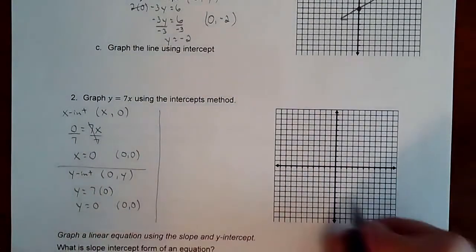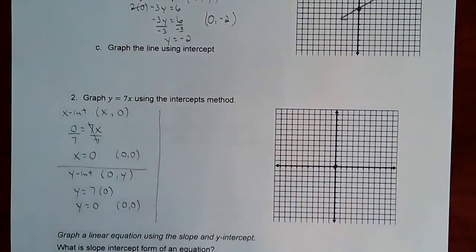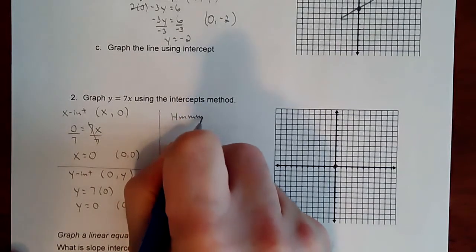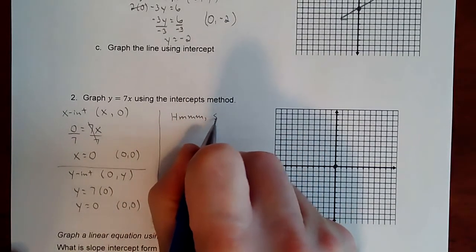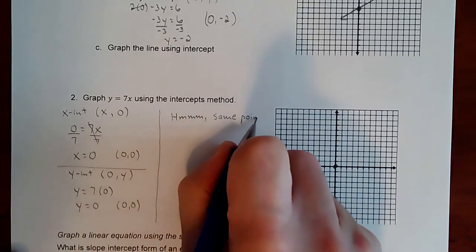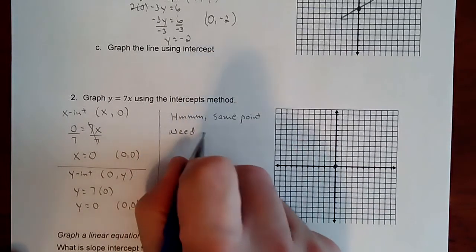We're going to plot that point of 0, 0, but it's not only the x-intercept, but it's also the y-intercept. Well, that's not actually very helpful. It is, but we need 2 points. So, same point. So it's almost helpful. What we need is one more.